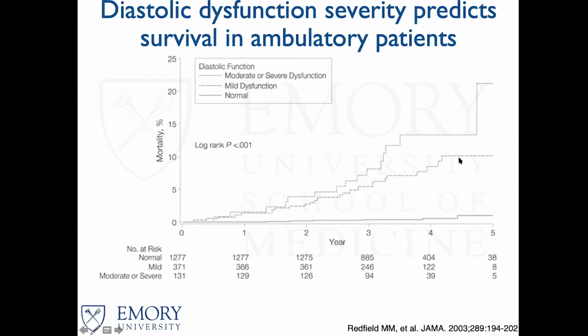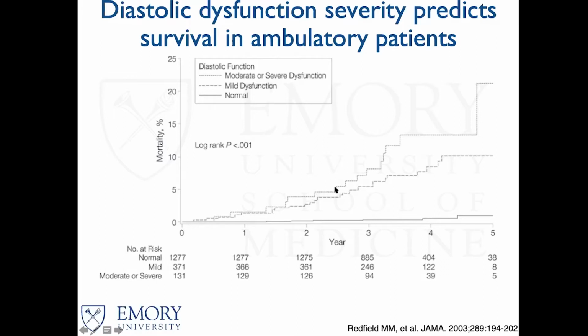And then this line here is mild diastolic dysfunction. So you can see that patients who had mild diastolic dysfunction had 10% mortality at 5-year follow-up, which is very, very important and compelling information.